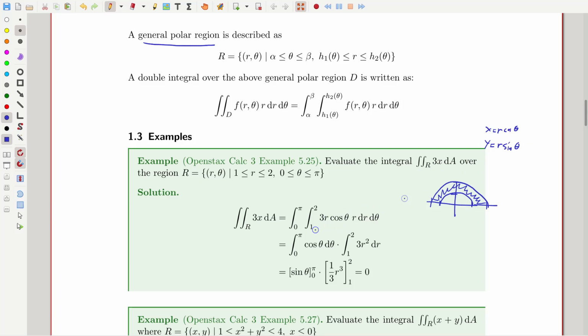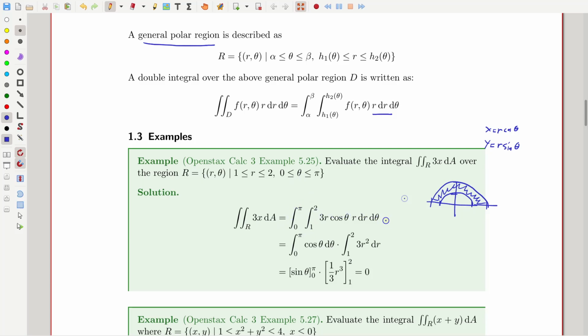That allows us to convert the expression inside, and that's why we have this r times cosine theta. And this extra r is coming from the Jacobian. It's coming from the fact that integrating in polar, we always have this r dr d theta. Okay. And you can see that the bounds are copied straight from the definition of the region. So r goes from 1 to 2, theta goes from 0 to pi.